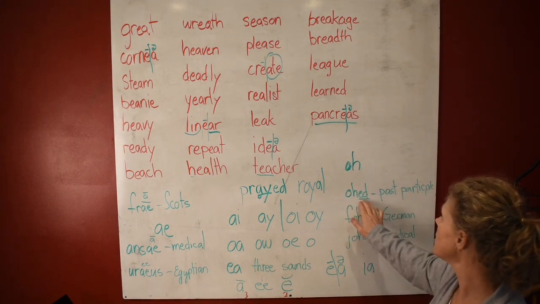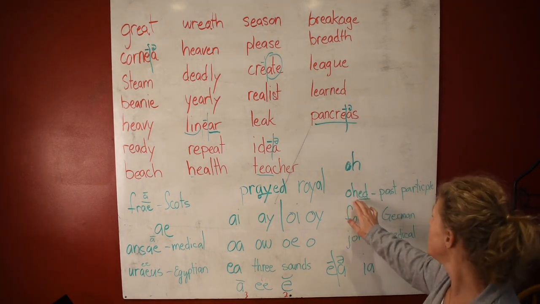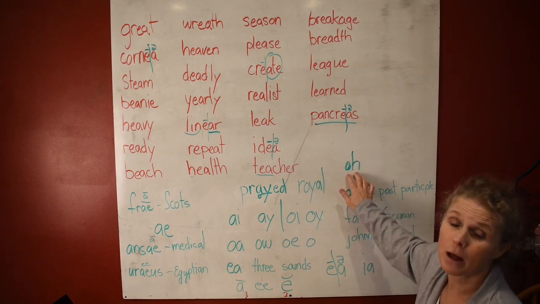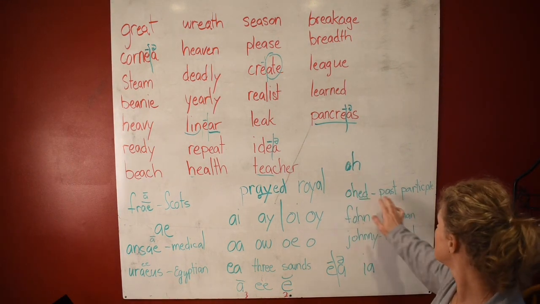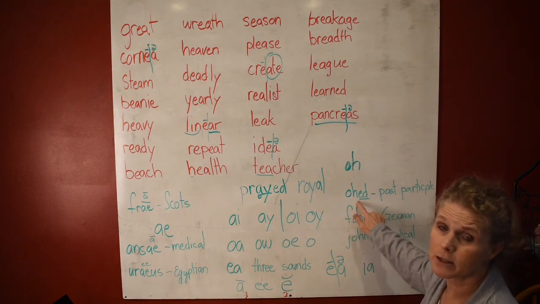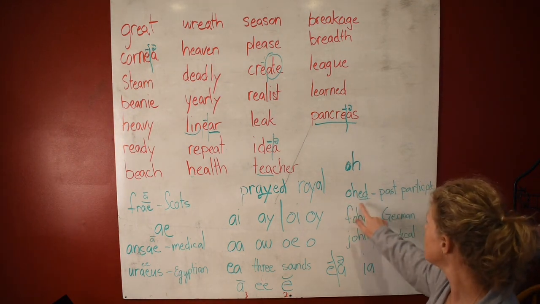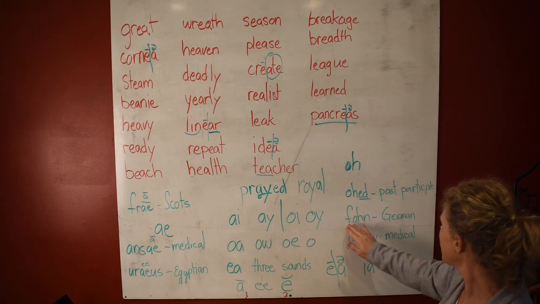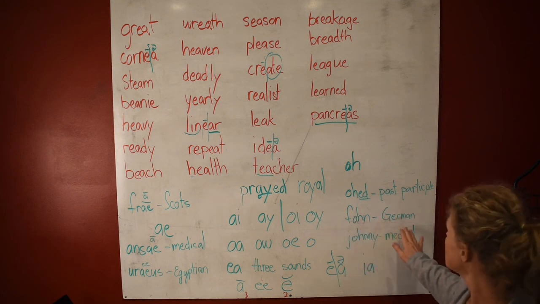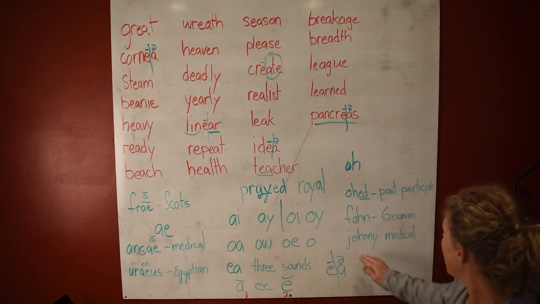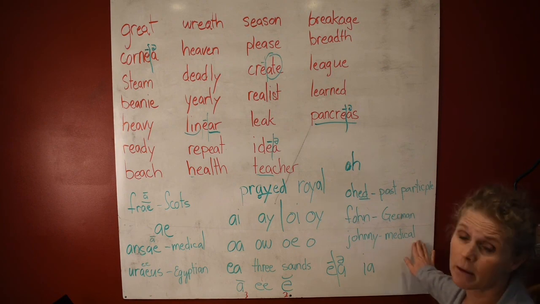And this right here, if you say ode, it's the past participle of this. So remember, our ED is our past participle. Now just remember that. Now we have Fron, it's German, and Johnny, which is a medical term.